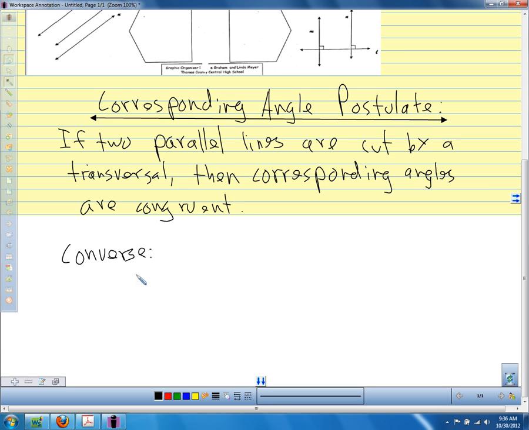We flip the if and the then. We just turn it around. So let's write the converse of the corresponding angle postulate. If, what would go first now? If, Angelique?